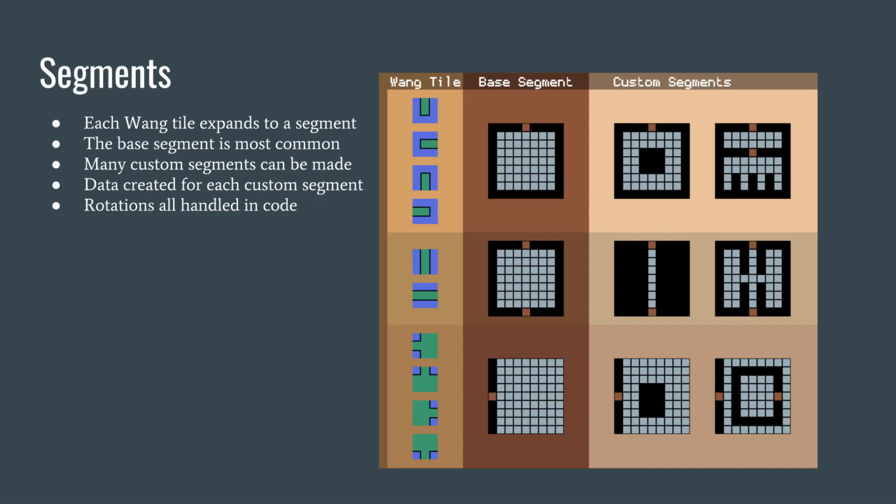And even if I wanted to have larger than 9x9 segments, I could do that and put a larger group of segments into the generator and have it tile around that. So I planned to handle rotations in code so then I could accomplish really reducing the number of tiles that I needed to create.